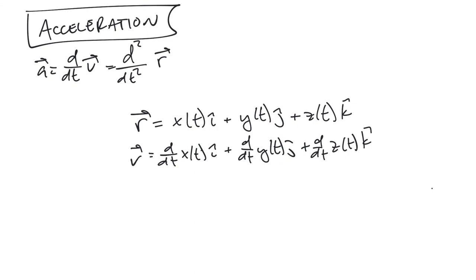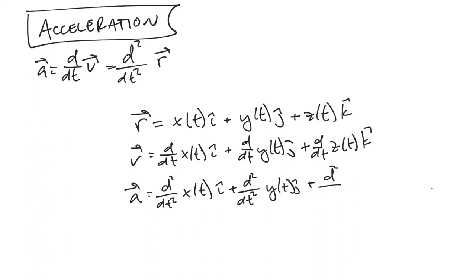And then to get your acceleration vector, all you got to do is take the derivative again. So you're doing d squared/dt squared of x of t in the i direction, the second derivative d squared/dt squared of y, j, plus d squared/dt squared of z of t, k. So you're just taking another derivative to get some acceleration.